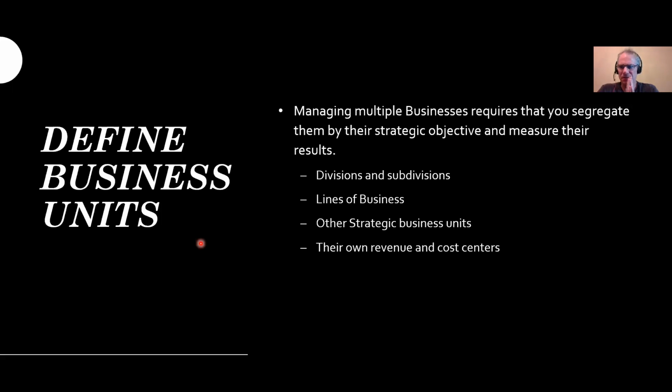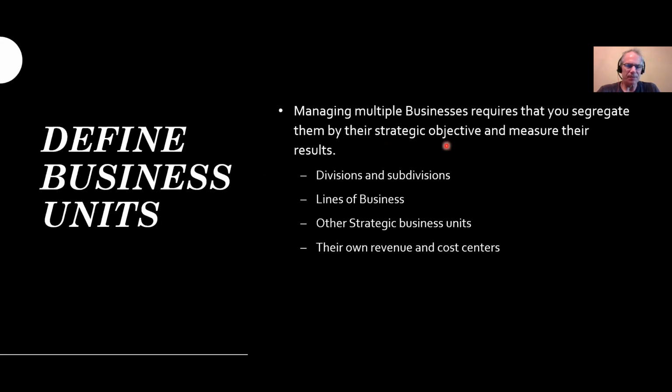Obviously, it is very important to divide departments into divisions and subdivisions, so that the particular managers can give accurate results as to what they've been doing. So again, we divide business units.